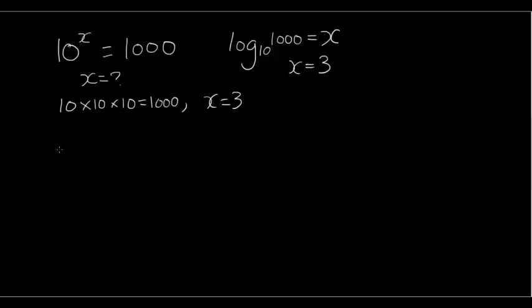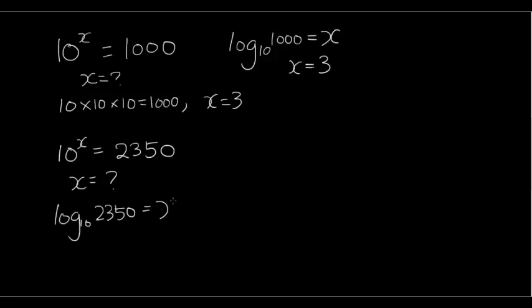So now if I asked you 10 to the power of x equals 2,350, what's x? So using the log button on the calculator, you can figure out that log base 10 of 2,350 equals x.